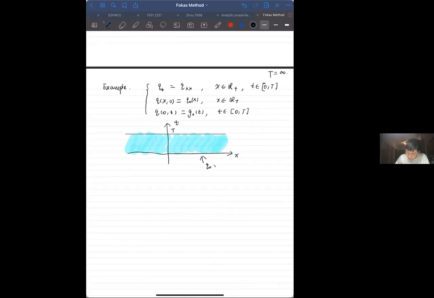We have q0. And here we have the boundary data, g0(t). For this, we want to determine this blue region. Let's see how we solve it. You should use g0 or g1. One is q, one is g. Okay, good. These are two functions.